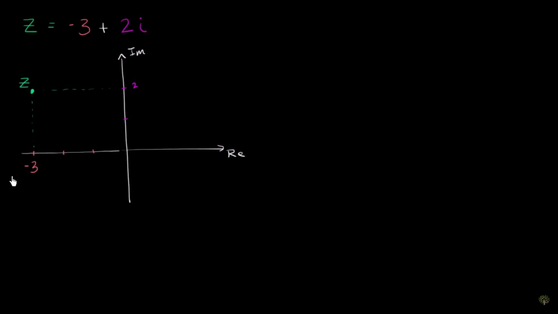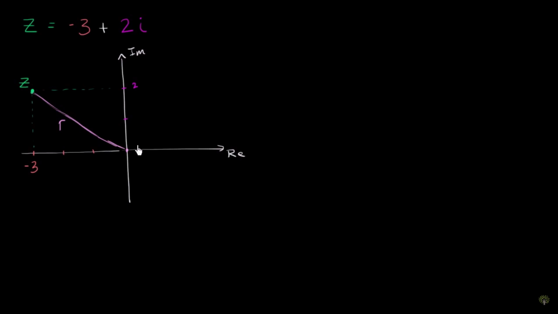Now what I want to think about are other ways to specify the location of z. In particular, instead of giving the real and imaginary parts, essentially the coordinates here, let's think about giving a direction and a distance to get to z. For example, we could give the distance from the origin to z. Let's call this distance r. But that distance by itself isn't enough to say where z is.